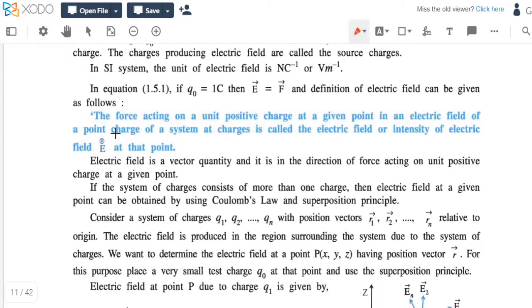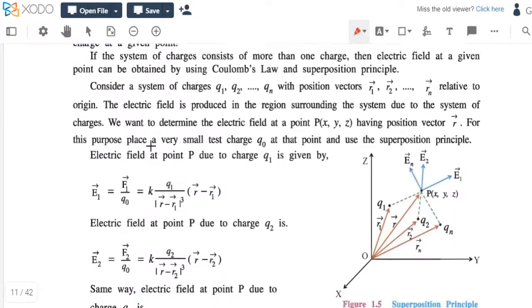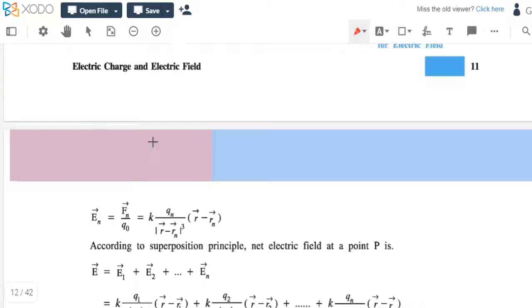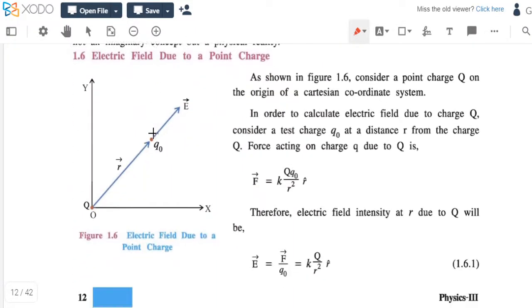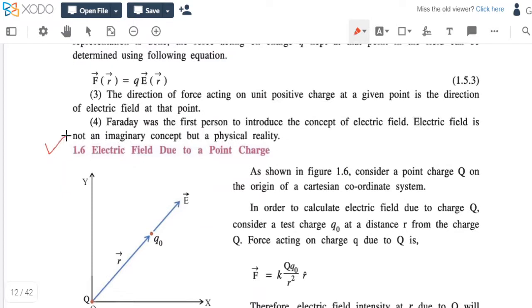The force acting on a unit positive charge at a given point in the electric field of a point charge or a system of charges is called the electric field or the intensity of the electric field. So it is very much the force on a unit positive charge. This theory is to prepare, and it is important theory.